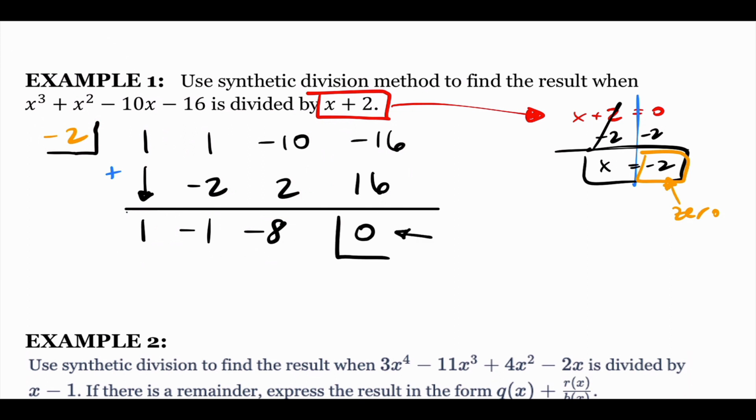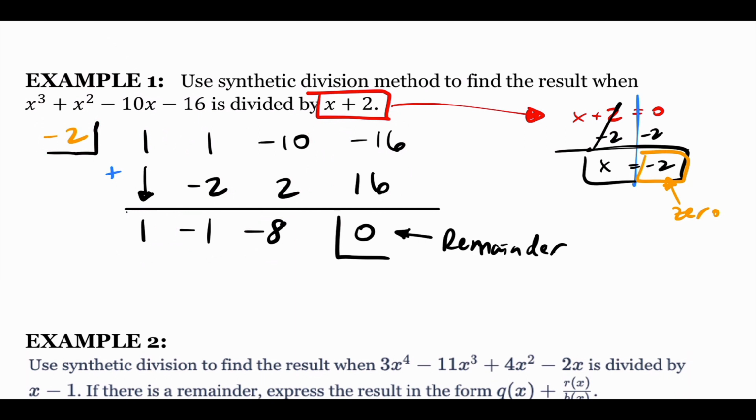So in this case, 0 is our remainder. That's always true for synthetic division. If there's a number there, that's your remainder. If there's no number there, you don't have a remainder. In this case, we don't have a remainder.